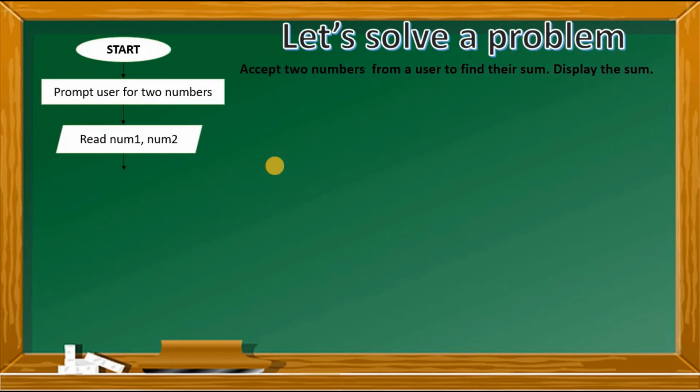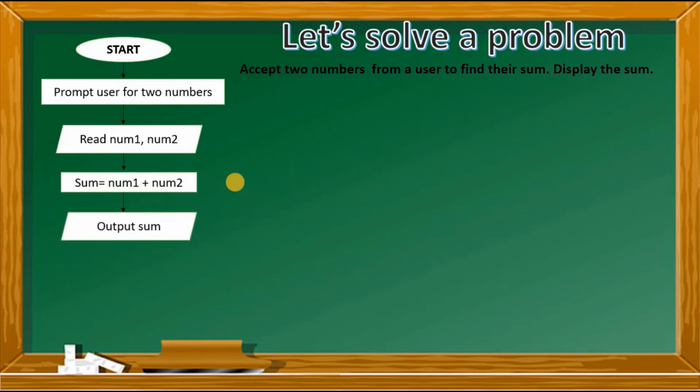From here, again, connection with the flow directional arrow, and then once we get both the numbers from the user, we are supposed to find the sum, and this is where the process takes place, where num1 is being added to num2. Again, our directional arrow to say we're still solving some problems, so look forward to the next stage, which is the displaying of our sum.